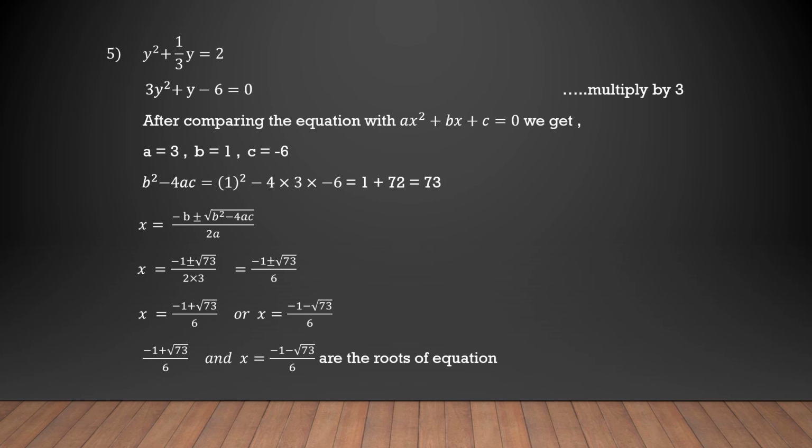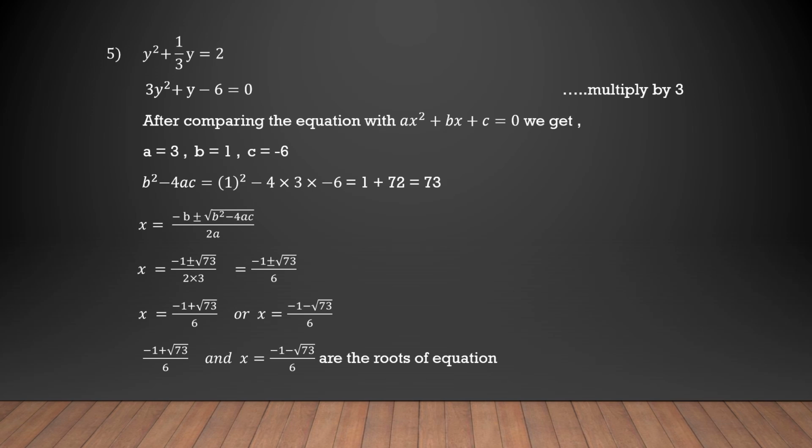Then we write the formula x = (−b ± √(b² − 4ac)) / 2a. Then we put the value of all these terms. So x is equal to, b is 1, we write −1 ± the value of b² − 4ac, which is 73.